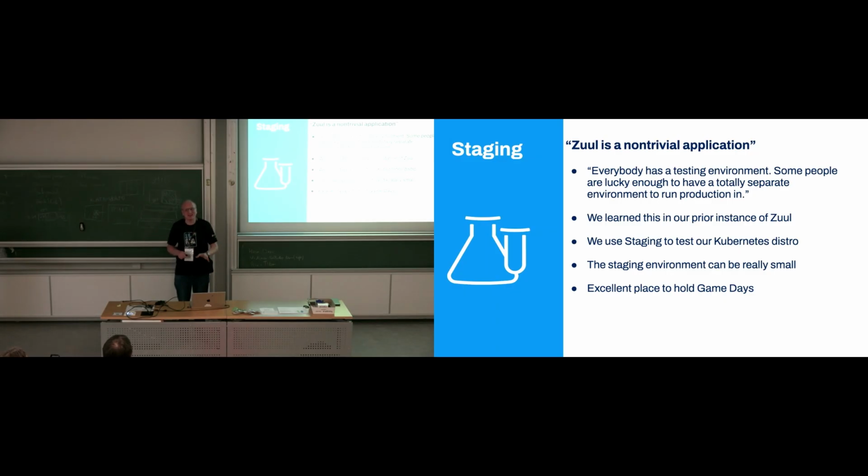We're not smart enough to not need a staging environment. The nice thing about us is because we already target multiple clusters and multiple environments, it's a lot less resources for us to build a staging environment. Also, it's an excellent way of teaching people how to break stuff without bringing down production.